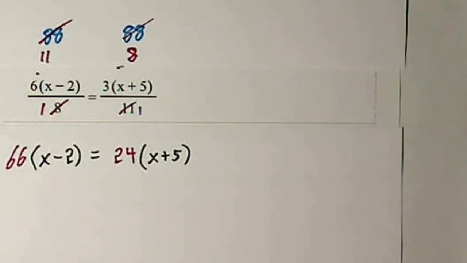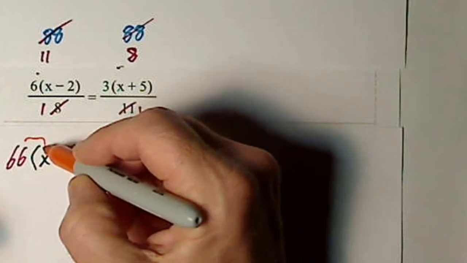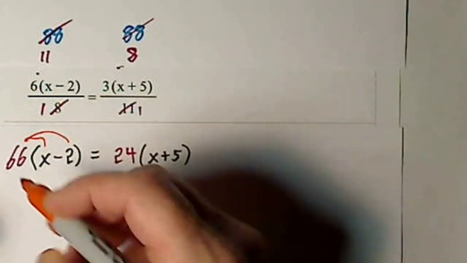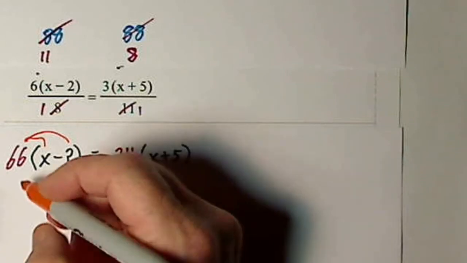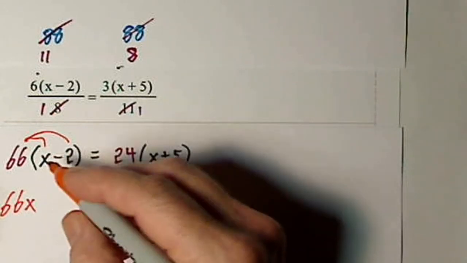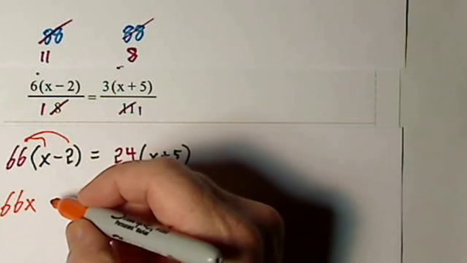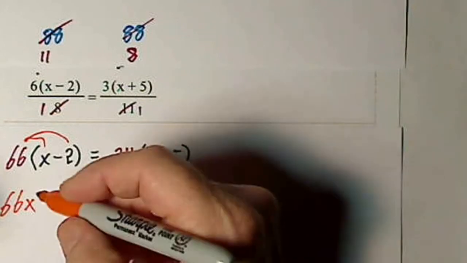So let's solve it. You need to get rid of your parentheses, so use distributive property. Send that 6 in. This gives us, send the 66 in. So that's 66x, and I'll just bring down my minus. Let's do it all with one color.